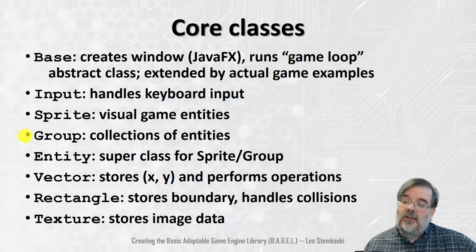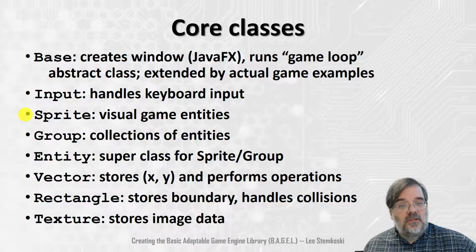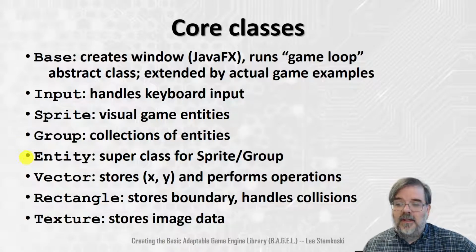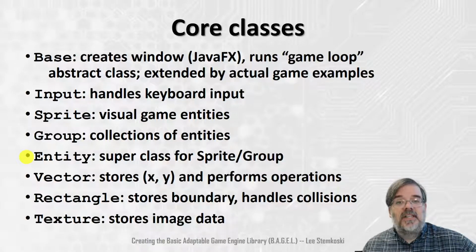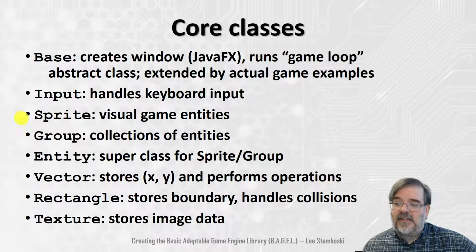And so I'd like to create a group class which can be used to manage a collection of sprite objects. Now, in particular, we have sprites and we have groups, and they actually do have some properties in common. And we'll create a class named Entity to abstract those common properties between sprite and group. So Entity will be a superclass, and sprite and group will be extensions of that entity class.